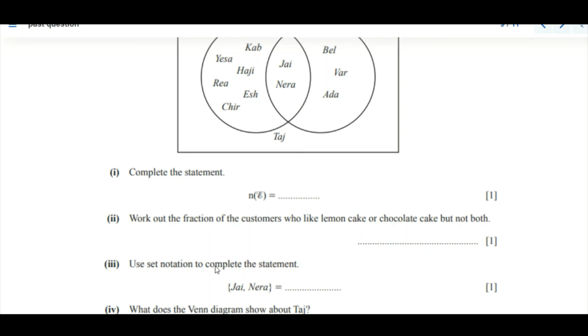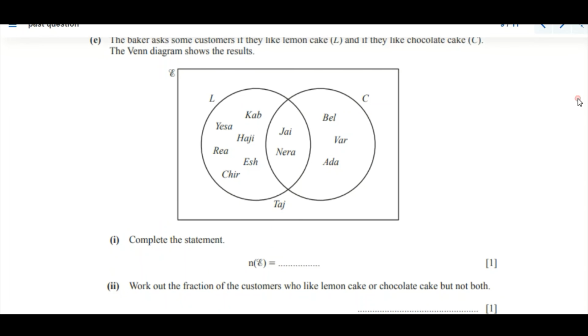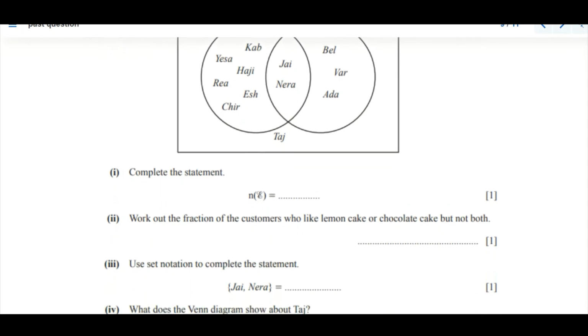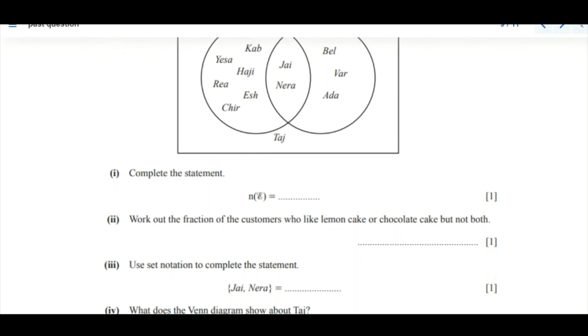Use set notation to complete this statement. So if we are to write this, it's going to be what? L intersection C. Why? These are the two people that love to take lemon cake and chocolate cake at the same time. So we denote that with the use of set notation as L intersection C. And what does the Venn diagram show about Taj?